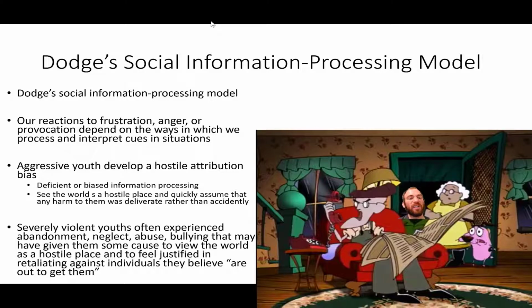So the idea here is that this theory argues that an individual's reactions to anger and provocation depend on the way they process the world and interpret the dynamics of a given frustrating situation. In particular, aggressive youths have this hostile attribution bias, wherein they interpret behaviors in a more aggressive way.